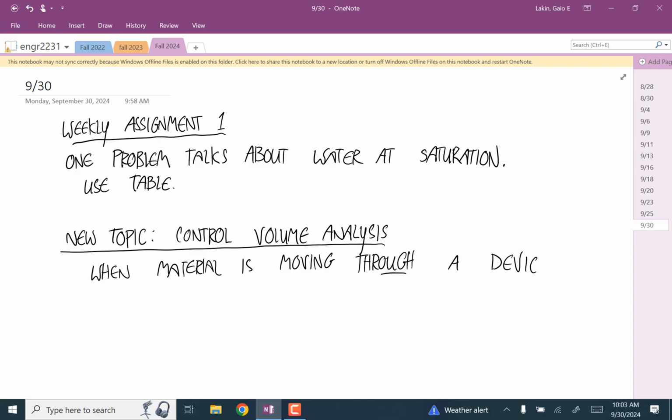Okay. And the devices we're going to be dealing with are often going to be nozzles or diffusers, compressors and pumps, and I think there's one more. But so things where you can imagine like a nozzle, liquid is flowing in one side and flowing out the other side with different properties.